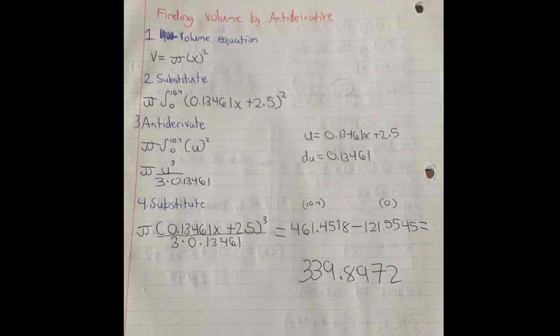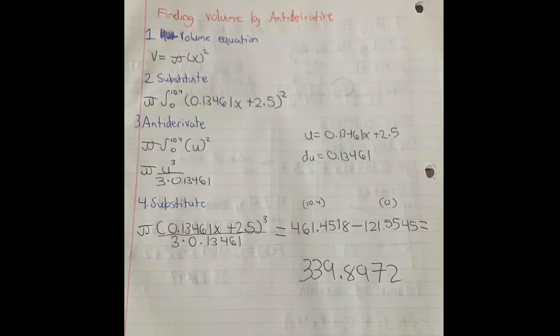And when you finish the antiderivative, which in this case is pi times u to the power of 3 divided by 3, then we substitute and write down the equation in u, and then we substitute 10.4 in x minus 0 in x, and the final value is 339.8972.